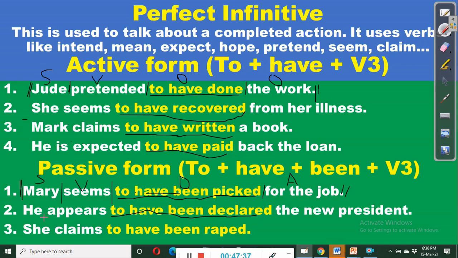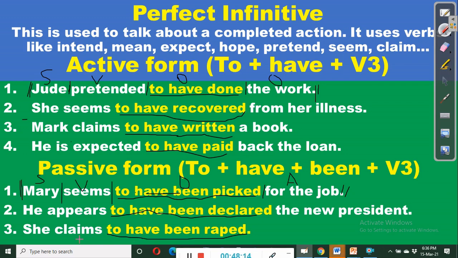Again, you discover that this person who is the subject is not the one declaring someone a new president. Rather, he is the one whom someone appears to have declared the new president. Then, example 3, she claims to have been raped. Now, to have been raped is the perfect infinitive. And again, you look at it here, she is not the one raping someone or who has raped someone.